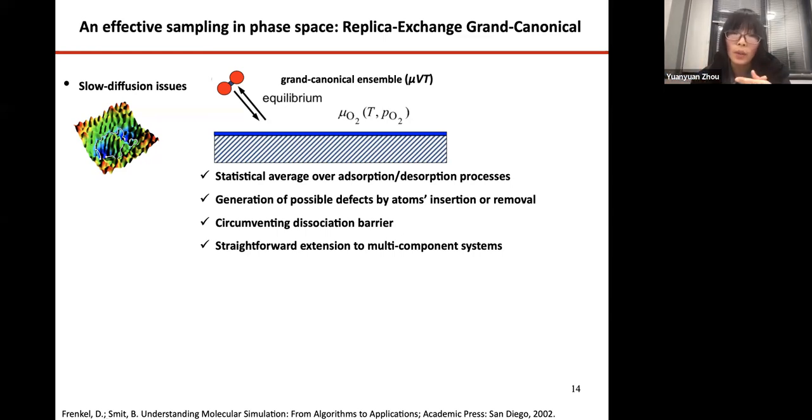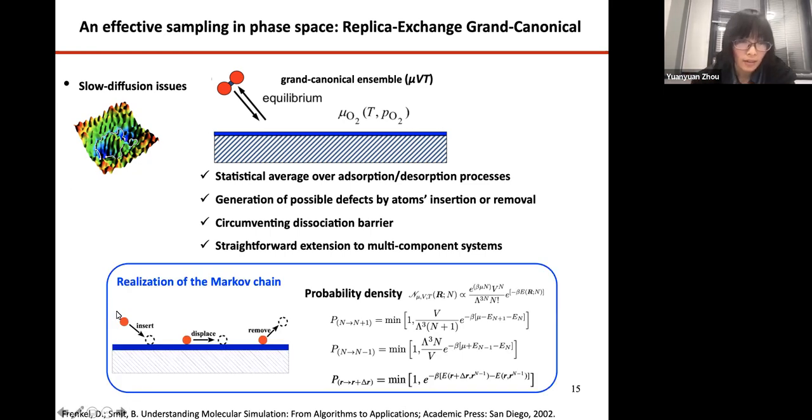Another point is that if you study the reactions of heterogeneous catalysis, the dissociation barrier of the molecule is usually very large, around several eV. In our Grand-Canonical approach, the dissociation barrier is circumvented by allowing both molecules and dissociated atoms to be inserted into or removed from the system.